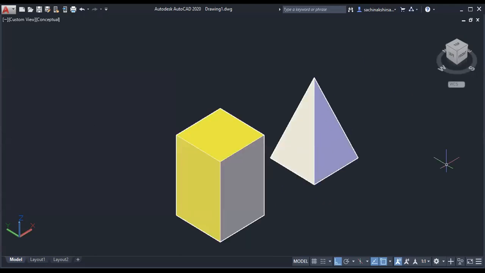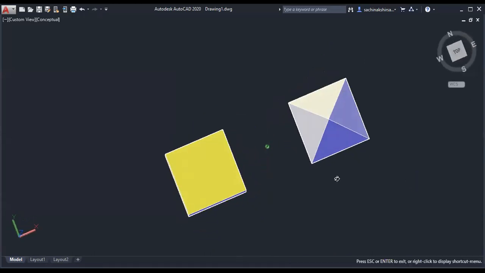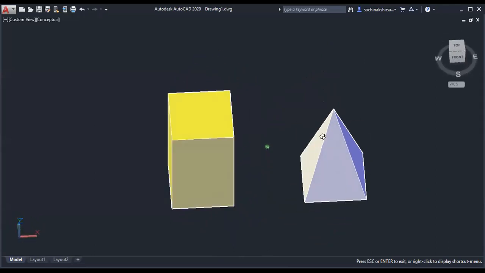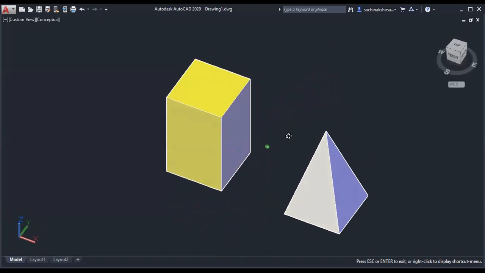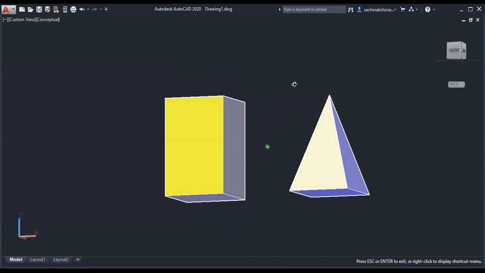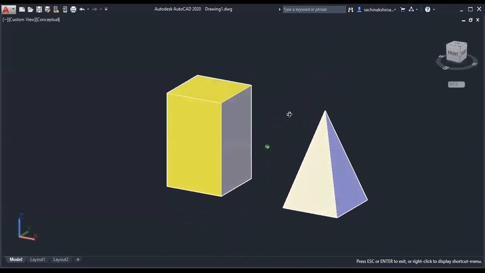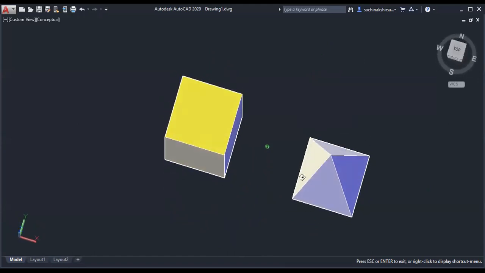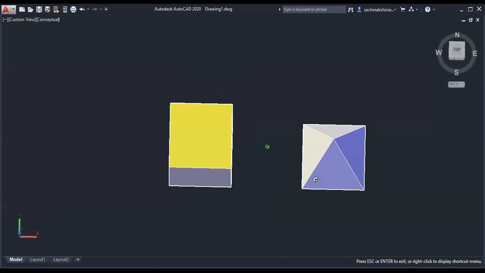What is this? Are you observing? Square pyramid. At this stage, have you got the difference? The first object, the yellow colored object, is a square prism. And on the right hand side is a square pyramid.